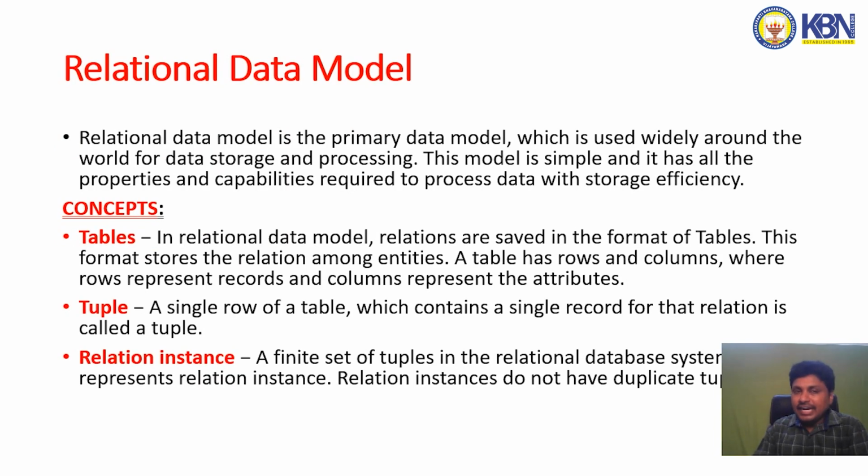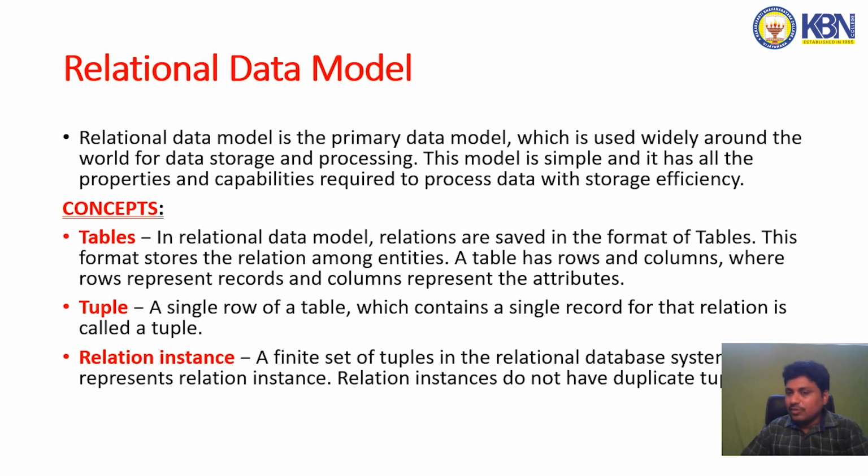And what about the relational data model? The relational data model is the primary data model, which is used widely around the world for data storage and processing. In this concept, for storing purposes, we use a table. The relation is formed of a table. This is the format for storing the relation among entities.